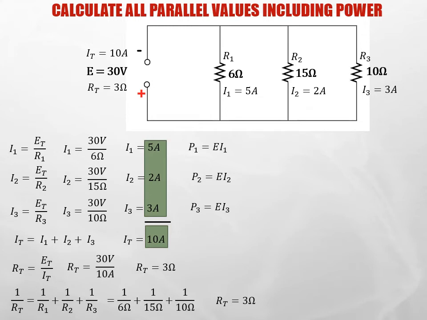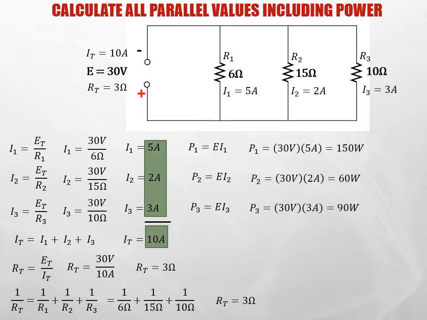And so on and so forth, where P2 is E times I2 and P3 is E times I3, which will respectively result in 150 watts, 60 watts, and 90 watts. If we add the powers up, the sum of the powers, we end up with 300 watts.